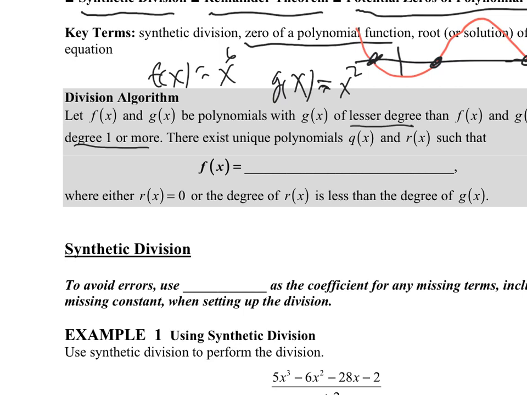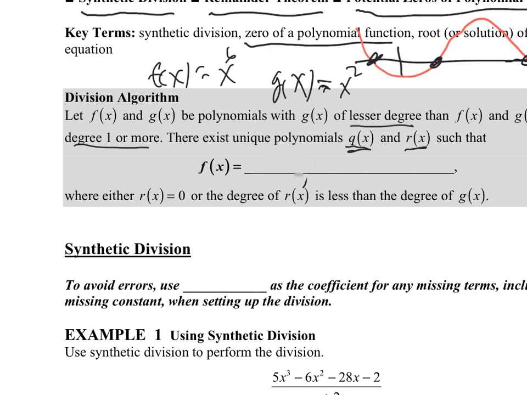So there exist unique polynomials q and r, such that q is a quotient and r is like a remainder. f of x is... back up, not q.